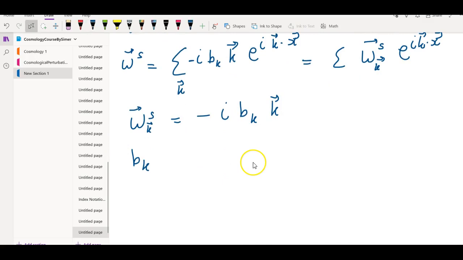So B_k and the original W_k, or original W_s, the original W, they have different dimensions.